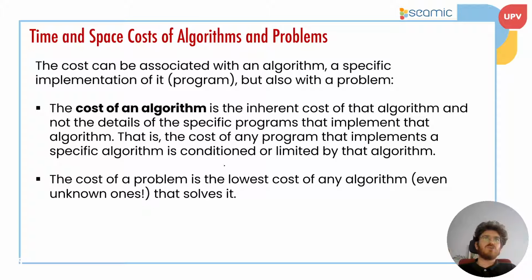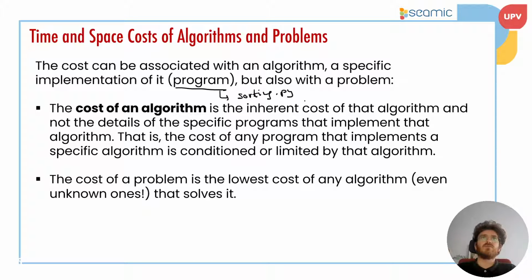In general, when we talk about the cost of an algorithm, we talk about the cost of that specific algorithm, and we do not care about the specific implementation. So we can measure the time that a program takes, right? A specific implementation, a specific sorting.py, for example.